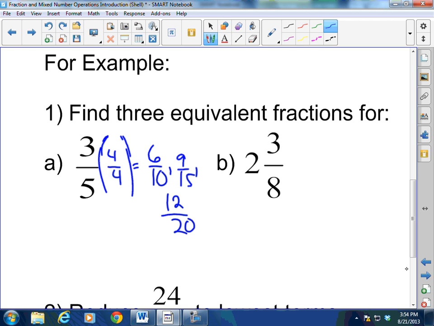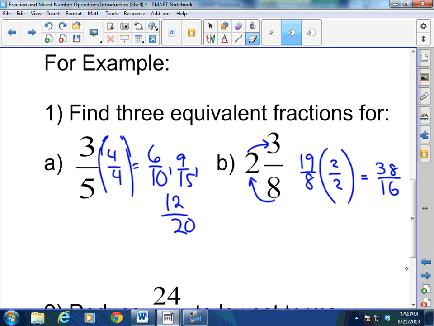2 3/8. Remember, we've got to convert it to an improper fraction. So 8 times 2 is 16 plus 3, that's 19/8. All right, let's find an equivalent fraction. Let's go 2/2. So that's going to be 38/16.